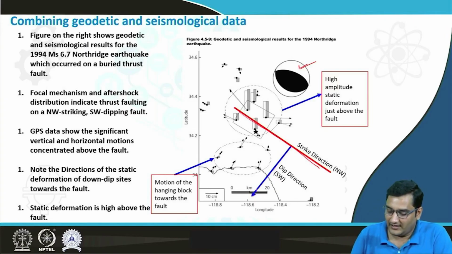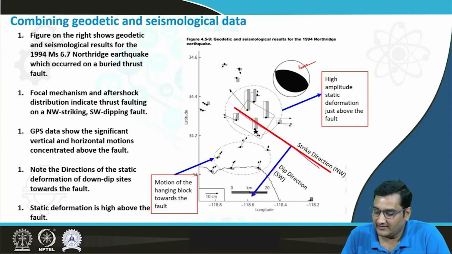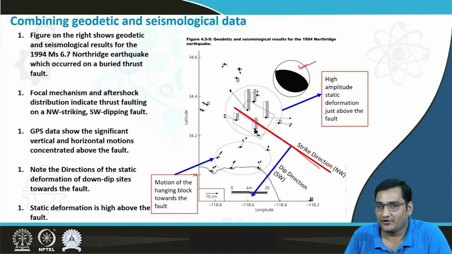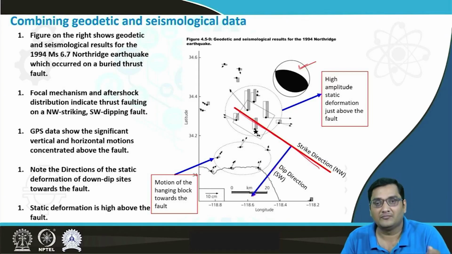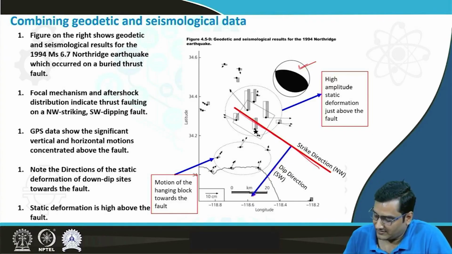Now if you look at this particular diagram, which is indicating the GPS motions, or you can say the static displacement or static deformation. The static deformation is represented by the bars: if the motion is high, then the bars are higher. If the motion is low, then the bars are lower. If the motion is in the negative direction, then the bars are inverted.